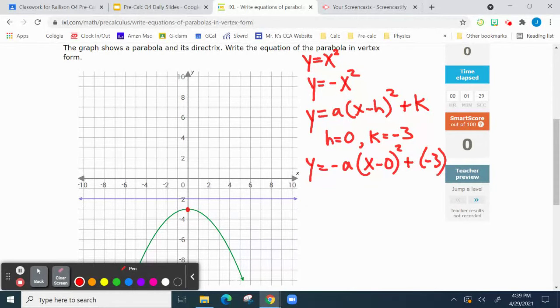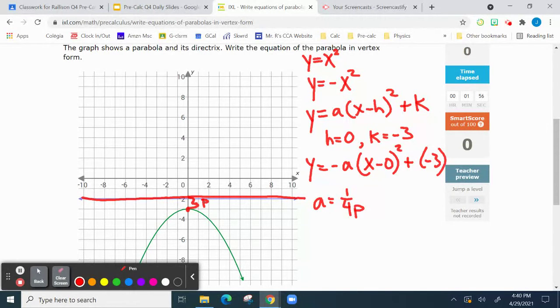All right? Now we just have to find a. And if you remember, a equals 1 over 4p. And what is p? P is the distance between the directrix and the vertex. You can see the directrix right along here. That's p.